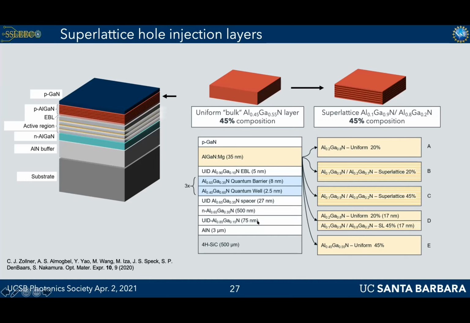For the LED growers in the audience, you can look at this epi stack, but the main takeaway is we tried a few different types of superlattice layers, a few different uniform layers, and one sample that had a superlattice capped with a uniform layer. The question is, how is this going to influence our injection efficiency? Because the idea here is that we're not changing the active region. These devices all have the same active region, so the radiative efficiency should all be the same. All we're really changing is the injection efficiency.